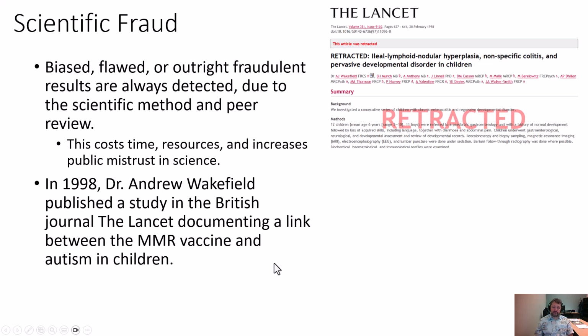Okay, so that's a fairly good example of a scientific fraud that went through, got published, created kind of an outcry, and that outcry still exists currently today.